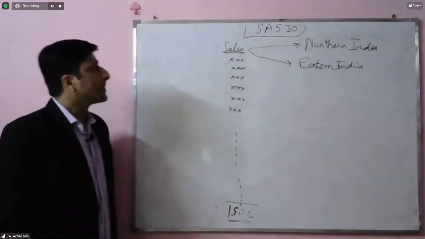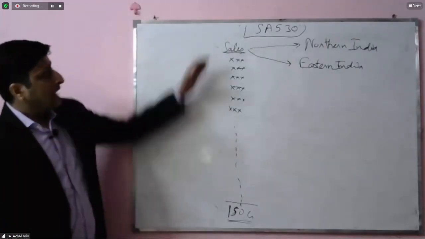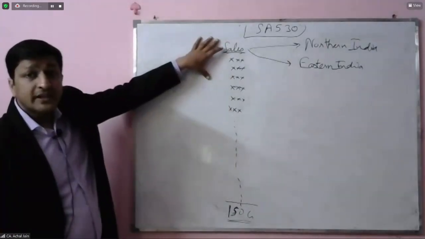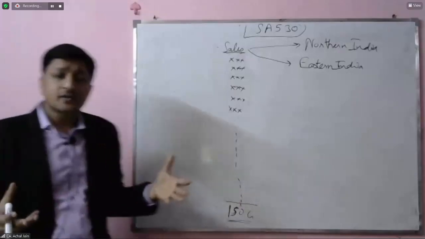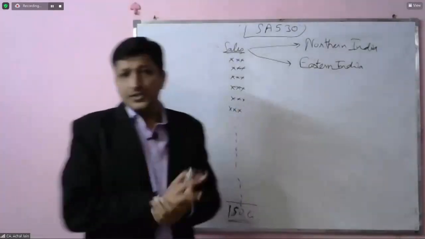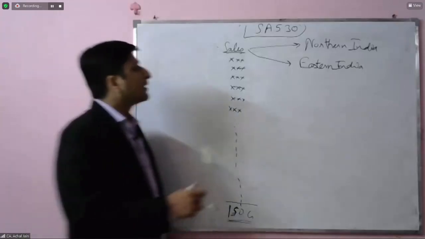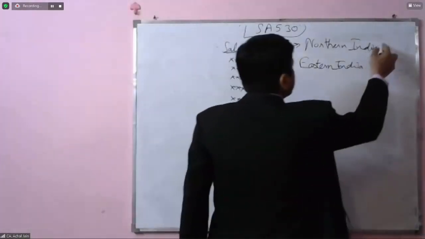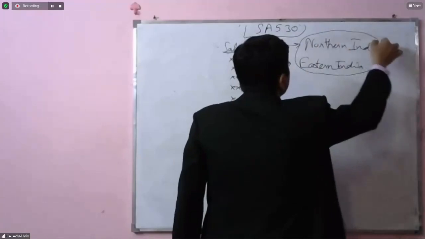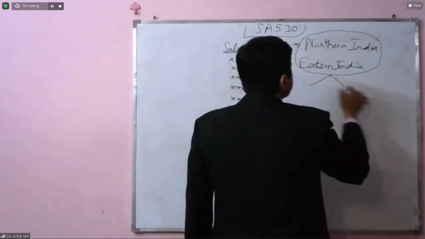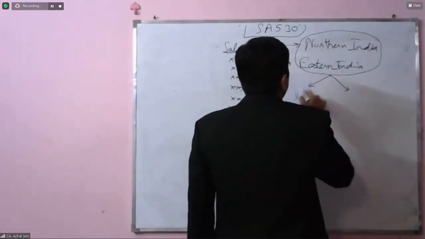All right. And the data which is currently received by the auditor comprises sales of both the regions, both the places. Secondly, in these two places, the company operates in two products.